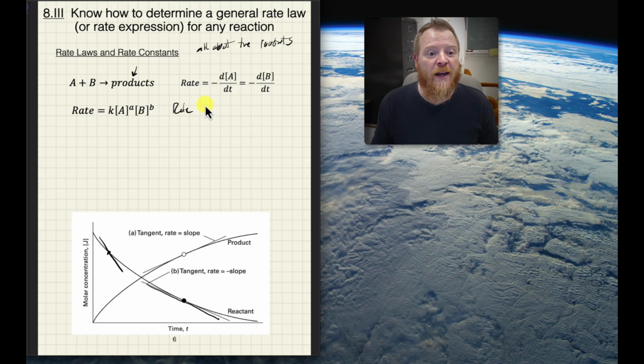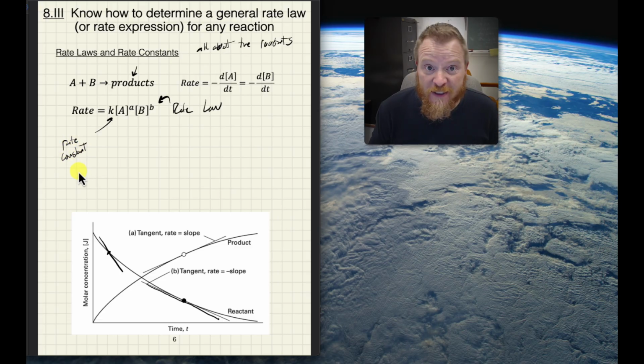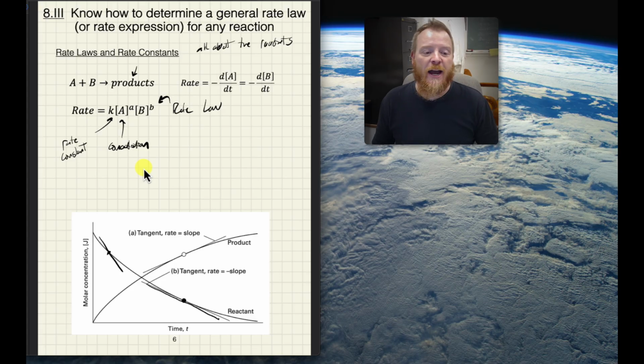So, rate law. The general form of the rate law is all about the reactants. So we say rate equals k, and that is our rate constant, which will be constant throughout the reaction. The brackets denote concentration, and we've established that in gas phase reactions, that's molecules per cubic centimeter, and in solution phase reactions, that's mole per liter.